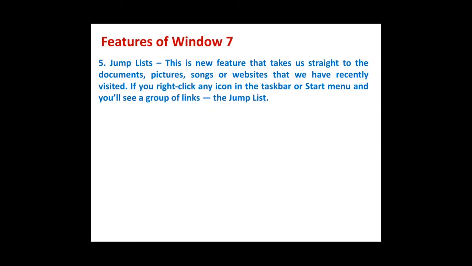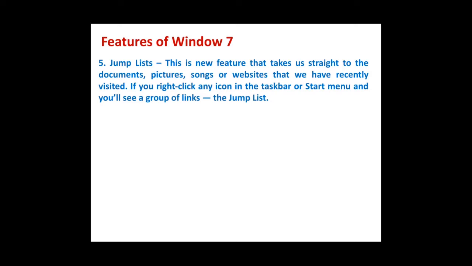Okay, so the next very important feature is jump list. This is a new feature that takes us straight to the documents, pictures, songs or websites that we have recently visited. So whatever we were recently using, if you want to go back to that, instead of following the whole path, or if you don't remember where actually it is saved or what was the address of that website, you can use this feature. You just need to right click on the icon in the taskbar, or the start menu, and you will see a group of links on the jump list.